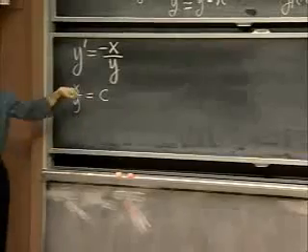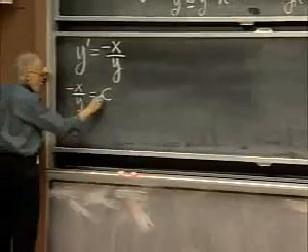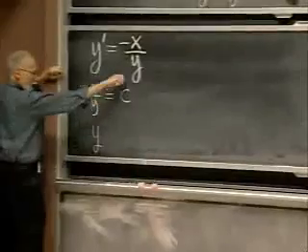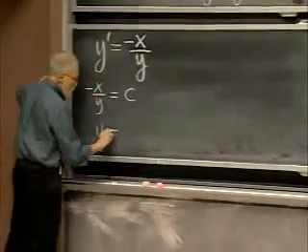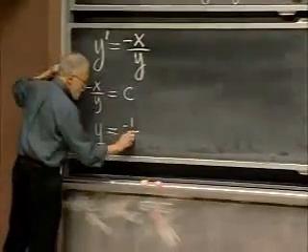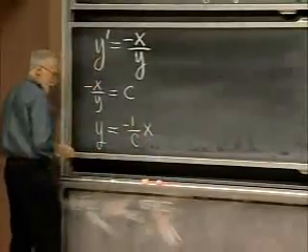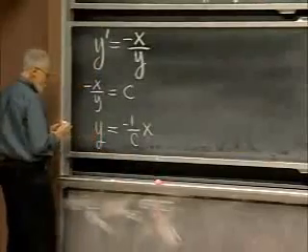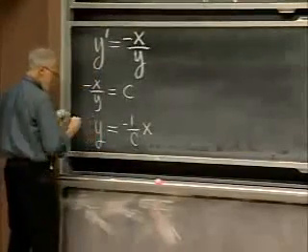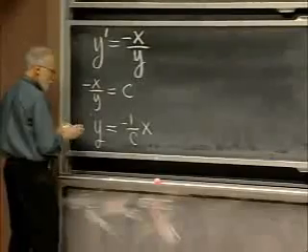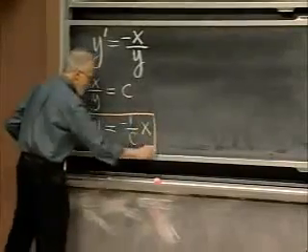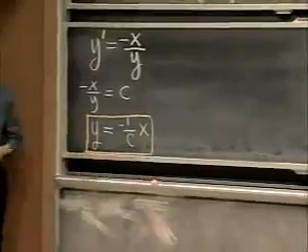But of course, nobody draws a curve in that form. You'll want it in the form y equals minus 1 over c times x. So there's our isocline. I'll put that up in orange, since that's the color I'll draw it in also.